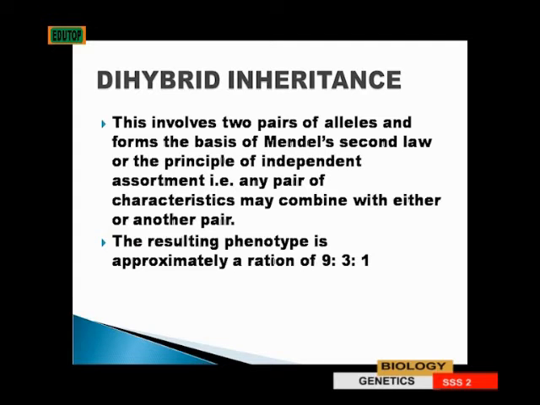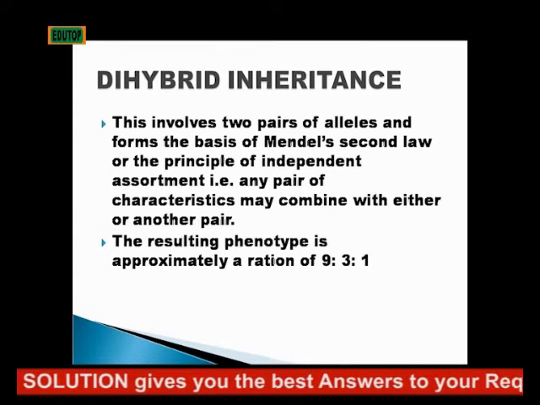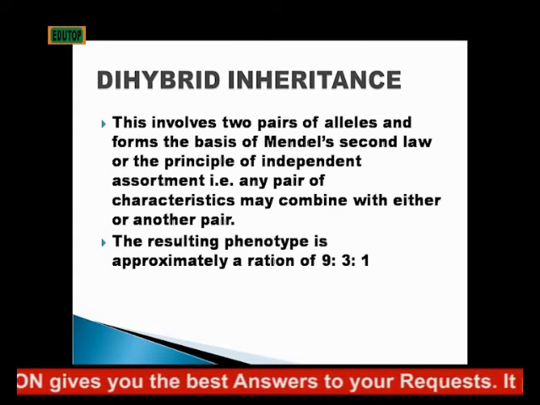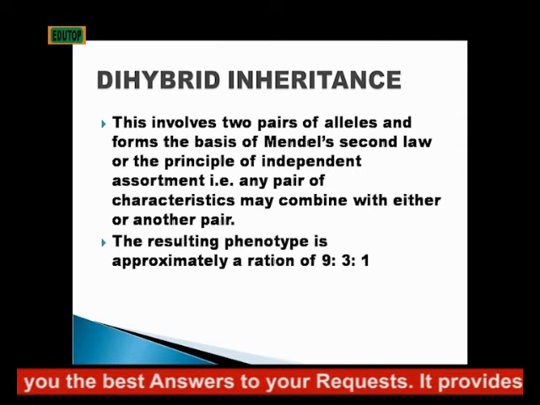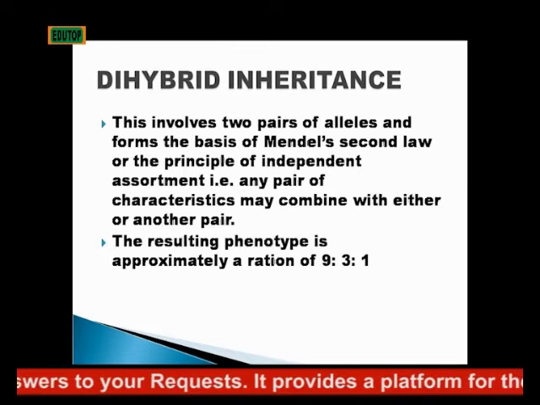Dihybrid inheritance involves 2 pairs of alleles and forms the basis of Mendel's second law, also known as the principle of independent assortment. That is, any pair of characteristics may combine with another pair. The resulting phenotype is approximately a ratio of 9:3:3:1.